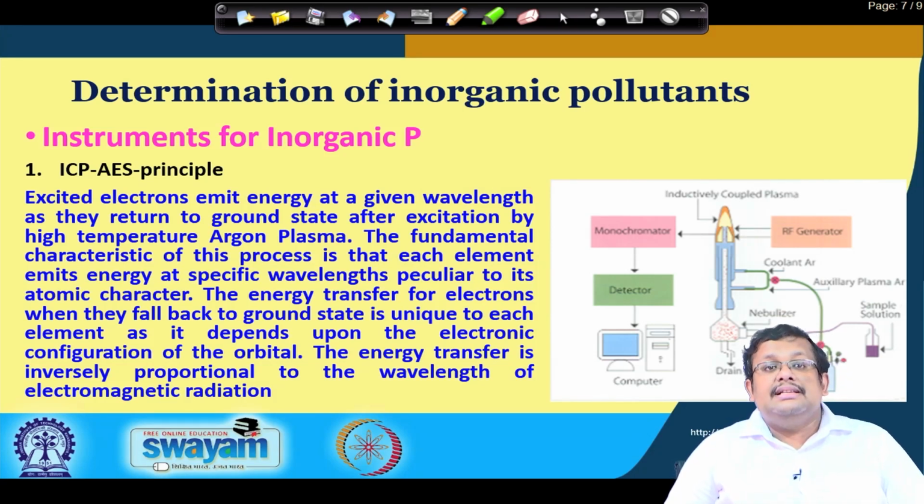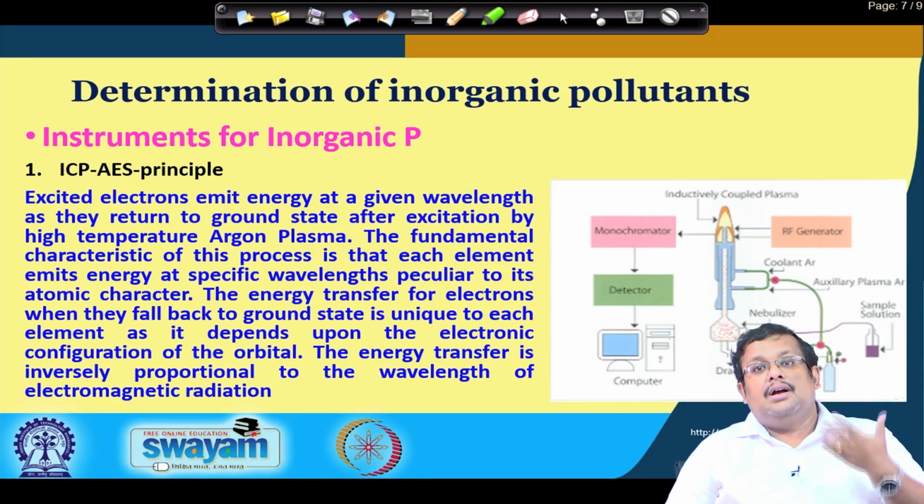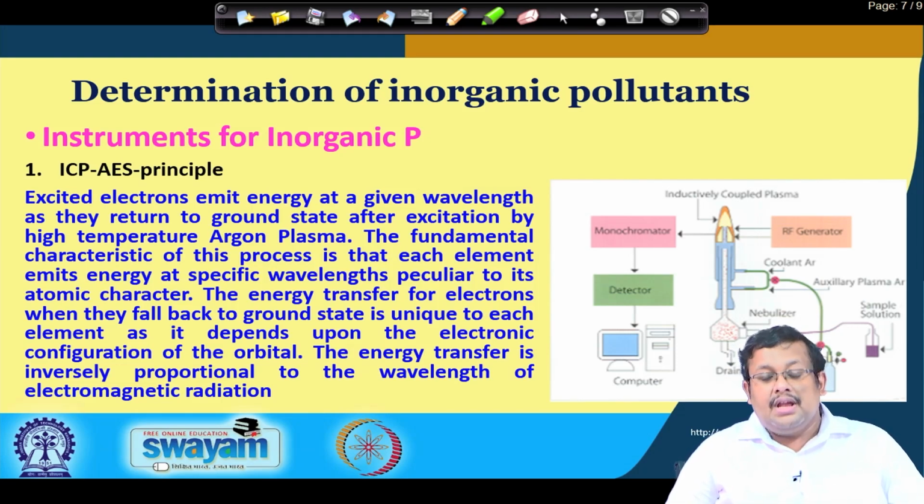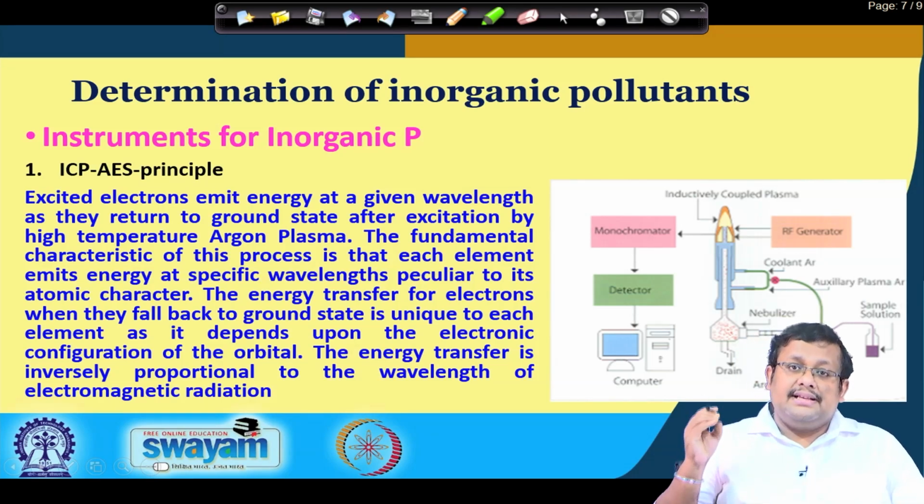And the energy transfer is inversely proportional to the wavelength of electromagnetic radiation. So, the energy transfer is less if the wavelength is high and vice versa. So, this is basically the principle of ICP-AES on which it works. Now, we all know that the excited electrons, when they move back to their ground state, emit some energy at a particular wavelength of light.